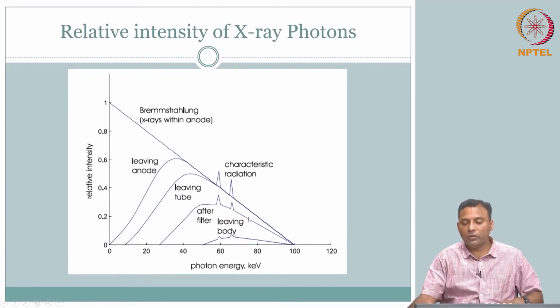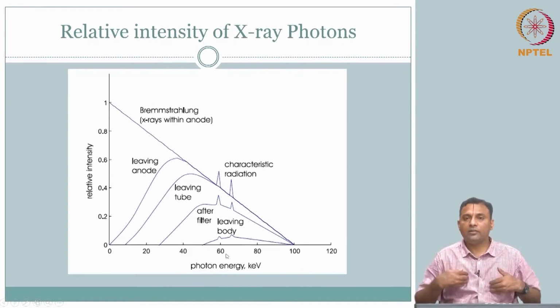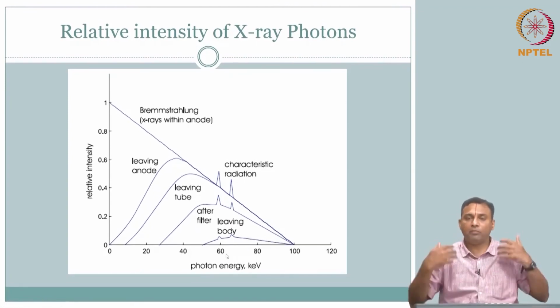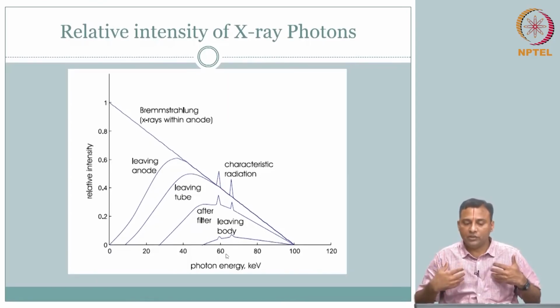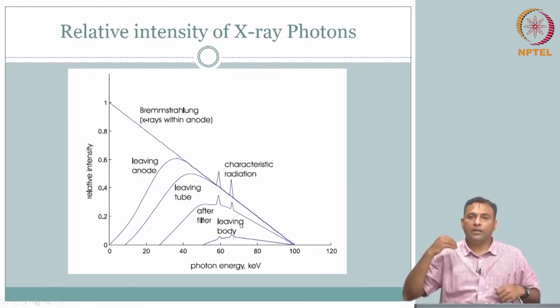So, when you have a 30 to 100 kilo electron volt distribution that is sent, what is leaving the body? Only this is leaving the body, about 50 to 100, right. So, you can see there is a differential attenuation, that is what is exploited to see in the body. We have different mu's in different regions, different tissues. So, I send this spectrum, it leaves as that spectrum.